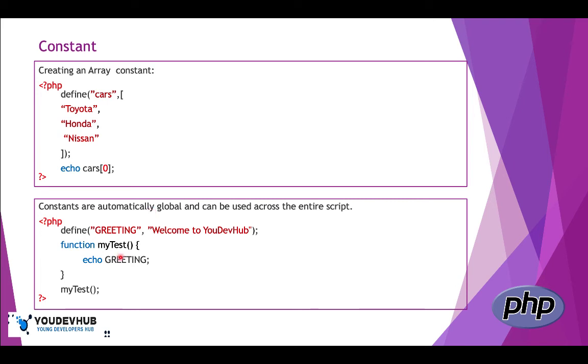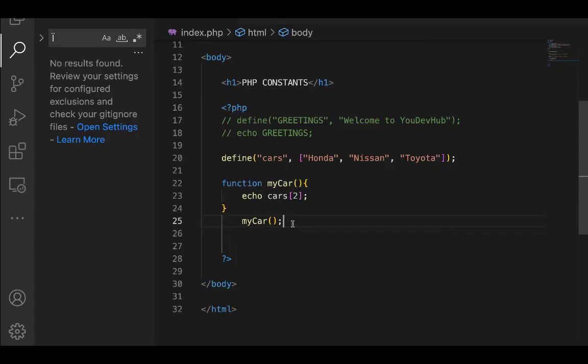Let me just show you what we're talking about. Now, if we come back to our text editor and we have it this way, we define our cars and we have a function, myCar, which we are echoing this inside. Note that this is in the global scope and this is in the local scope. We are calling it in the local scope.